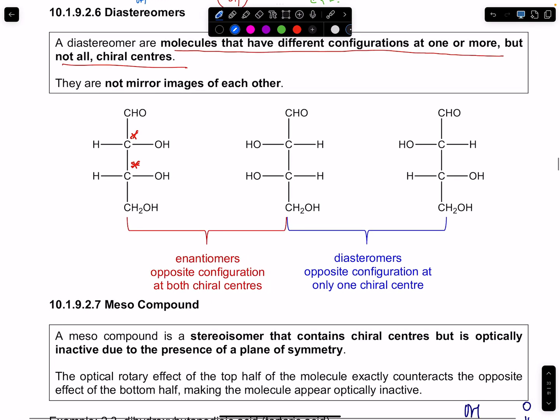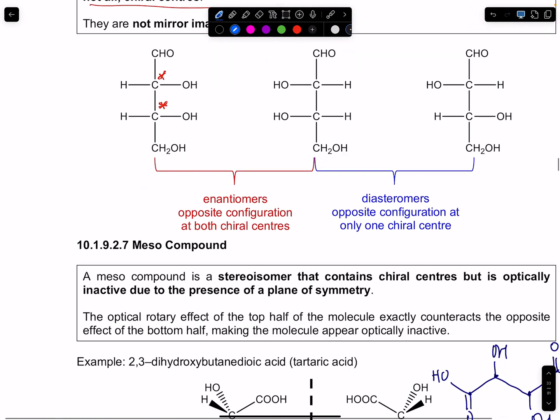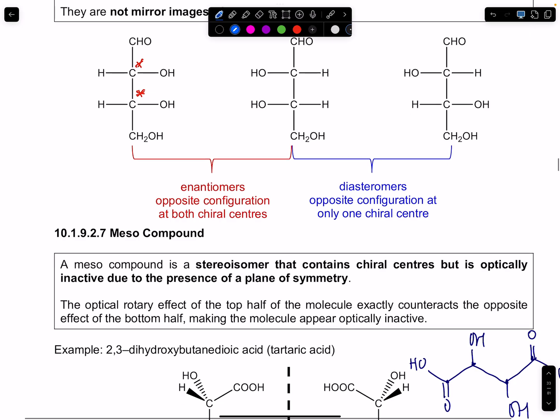A stereoisomer that has chiral centers but is optically inactive due to an internal plane of symmetry. What does optically inactive mean? Means it doesn't rotate the plane of polarized light, no? When I put the molecule inside the canister just now, I can see Ethan's face. It didn't turn pitch black. That's the meaning of optically inactive. It does not rotate the plane of polarized light.